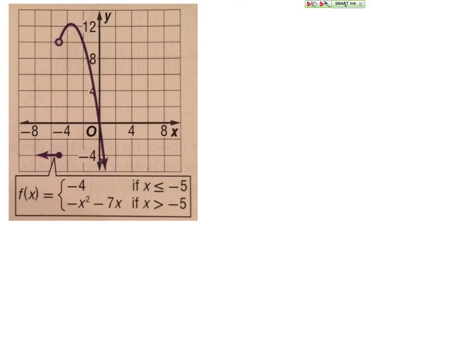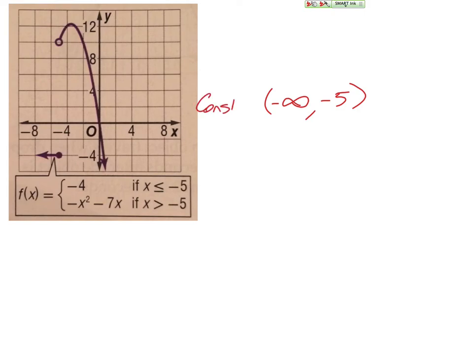Alright, Cam, get me going on this one. Negative infinity to -5, what's it doing? What is our other option? Constant.